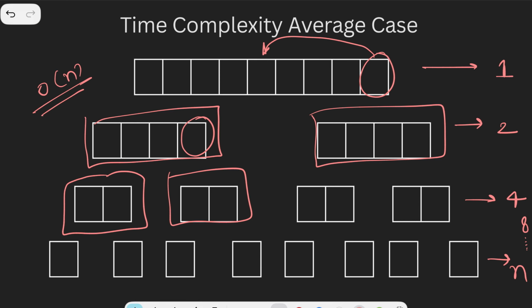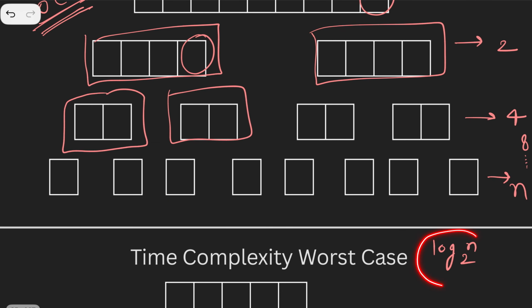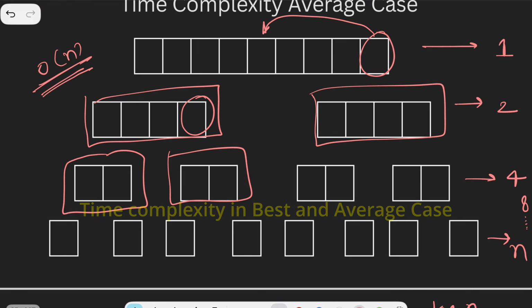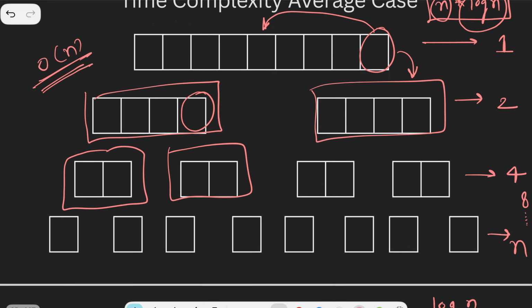N elements. So it will take O of n time. So now we know that it will take O of n time to move from one step to another step. And we also know that there are going to be log n base 2 steps. So the time complexity in the best case is going to be n into log n. So this is for the best case.